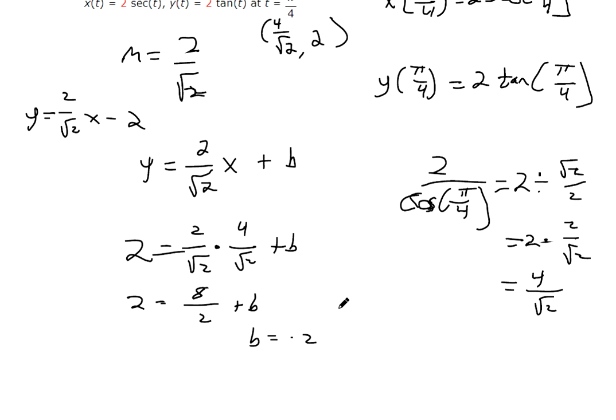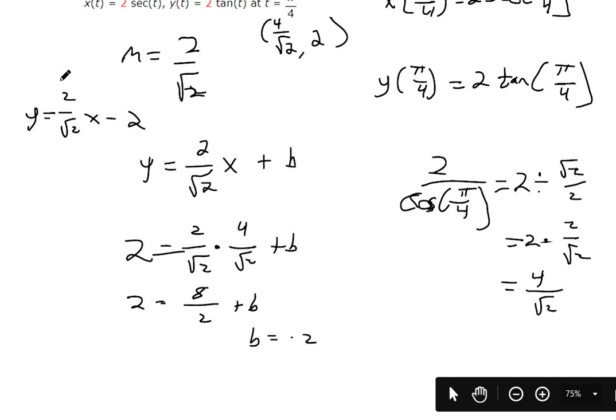I just checked with the answer key, and I missed something. I could simplify this, right? When you rationalize the denominator, you can multiply the top and the bottom by square root of 2. Let me do that in longer steps. So we got this for a slope, 2 over the square root of 2, and that's right, that's the slope, but there's a better way to write that.